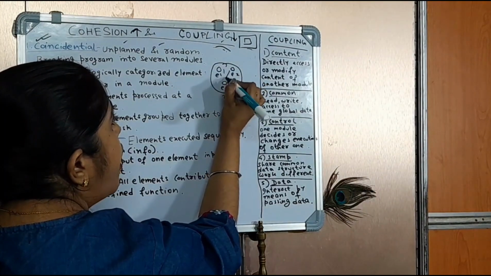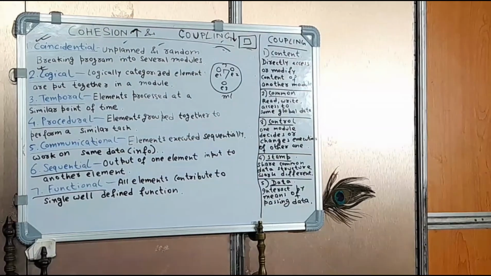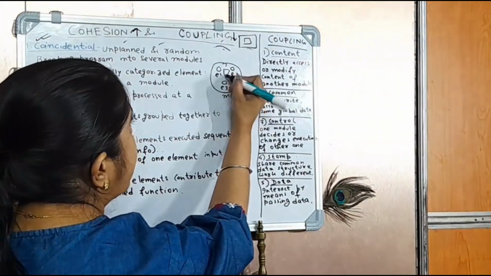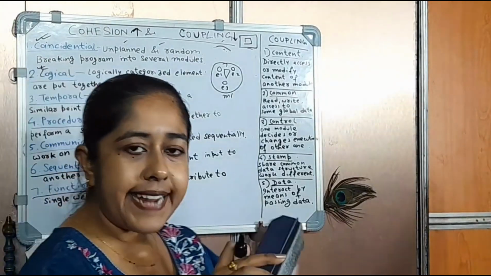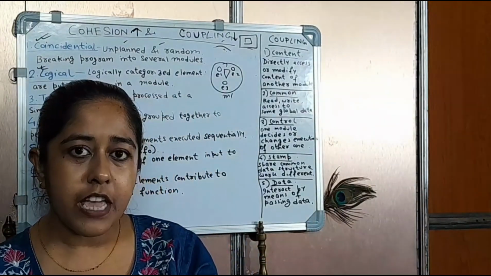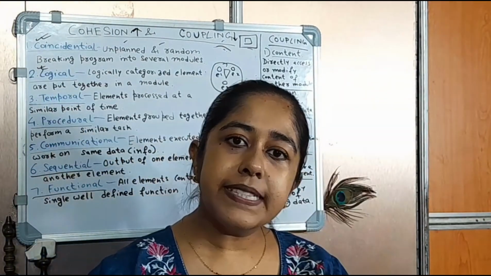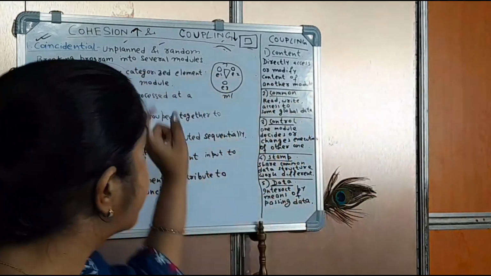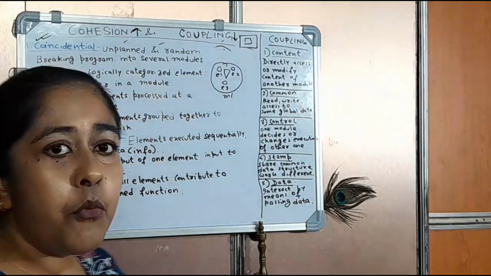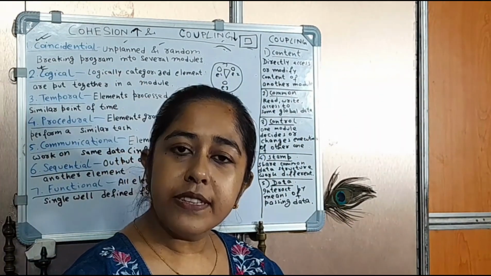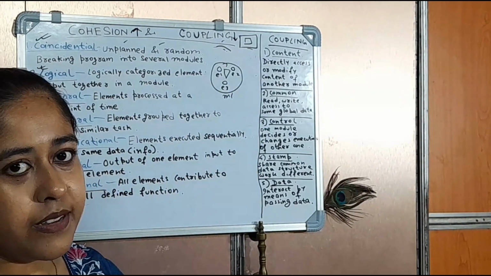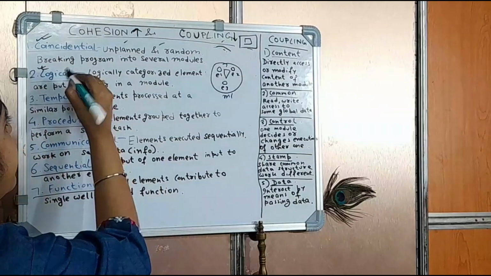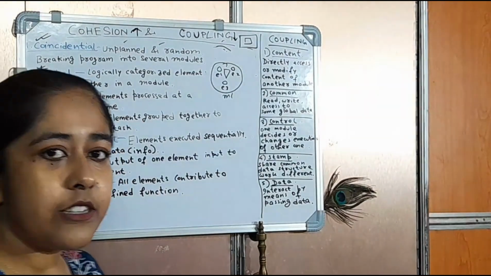These should be logically connected, logically the same. When we categorize the elements logically, they are put together in a module. This kind of cohesion is known as logical cohesion, our second kind of cohesion.